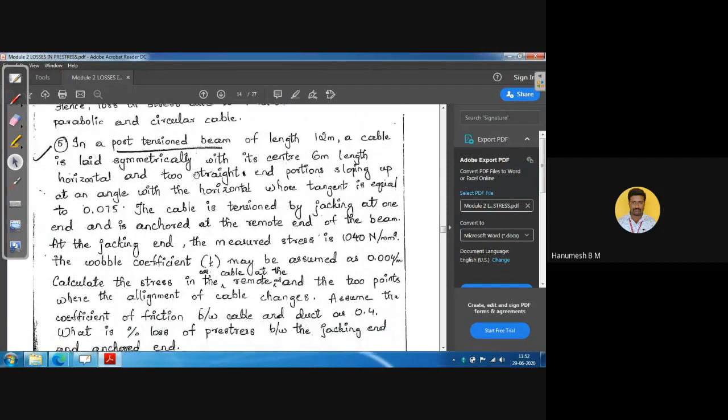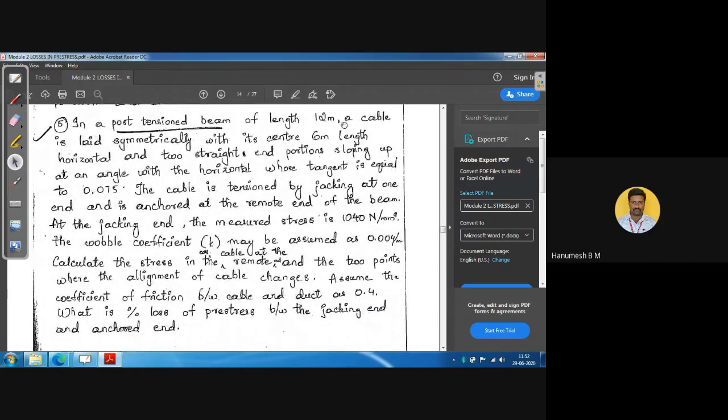In a post-tension beam of length 12 meter, a cable is laid symmetrically with its center 6 meter length horizontal and two straight end portions sloping up at an angle with horizontal whose tangent is equal to 0.075. The cable is tensioned by jacking at one end and it is anchored at the remote end of the beam. At the jacking end, the measured stress is 1040 Newton per mm square.